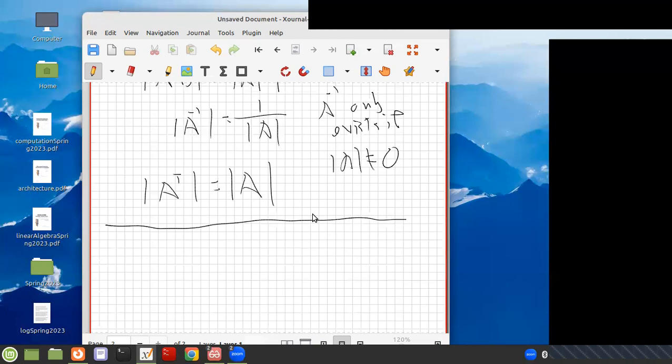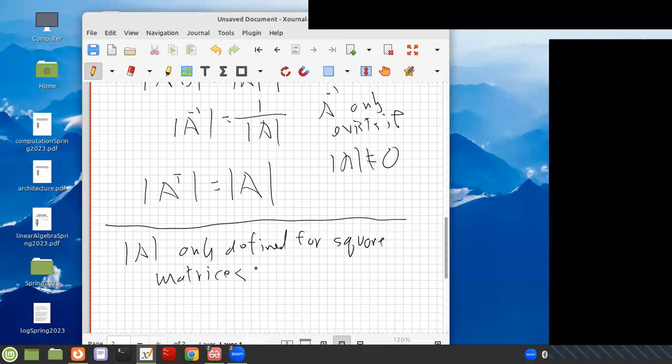Since determinants are only defined for square matrices, square meaning that the number of rows equals the number of columns.